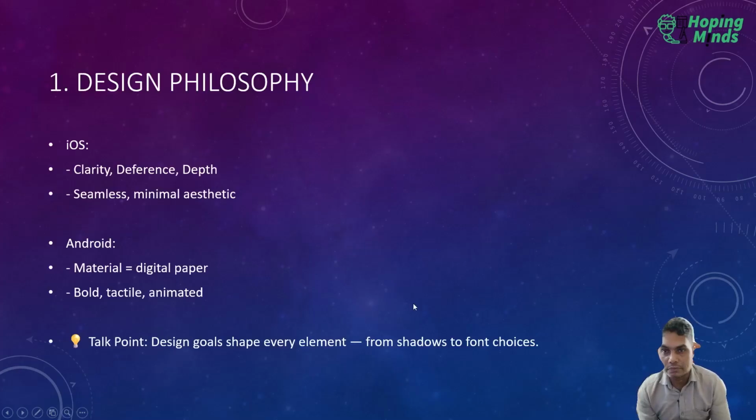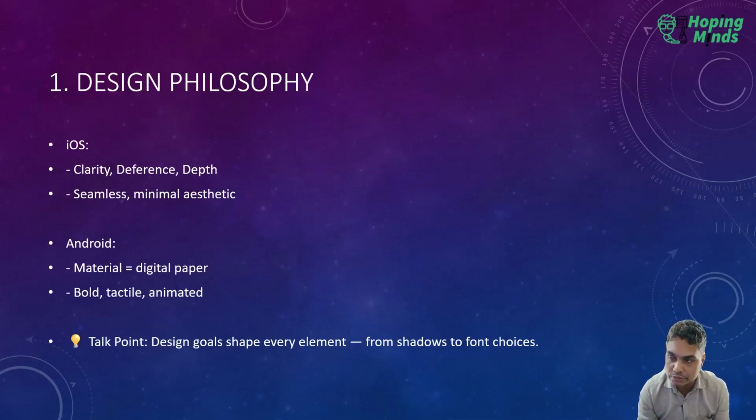All right. So iOS focuses more on clarity, depth, seamless, minimal aesthetic. If you see all of their applications, all of their personal products, they would be in a singular color. They would not have a lot of colors, they would not have a lot of fonts, they would have exact padding and all of that, and they would make sure that they have minimal animation, and that's how iOS is.